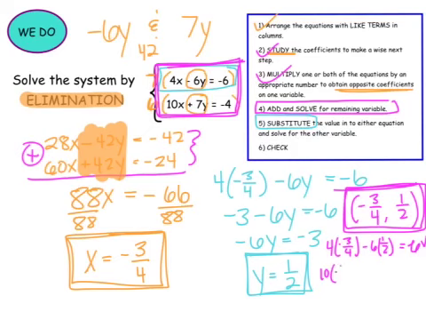Then we have 10 times negative 3/4 plus 7 times 1/2, where if we solve, that becomes negative 15/2 plus 7/2, negative 15 plus 7, negative 8/2, which yes, it does equal negative 4. So after checking, we can see that we did our math correctly. And so our final answer is for sure negative 3/4, 1/2.